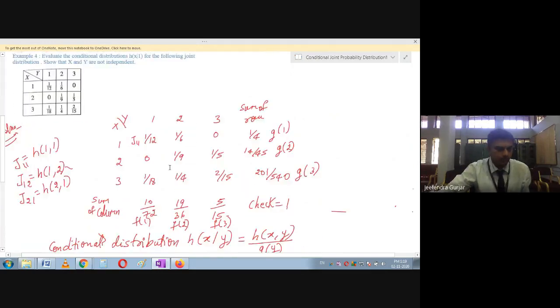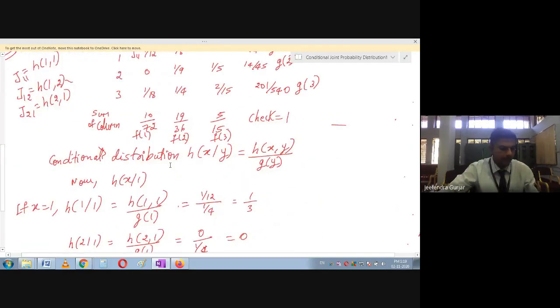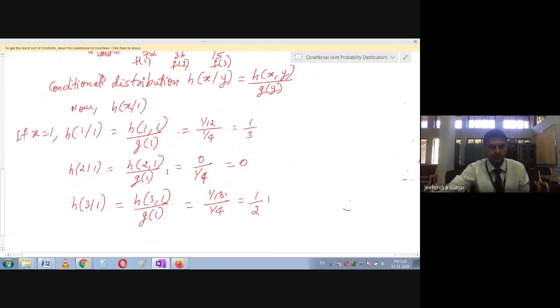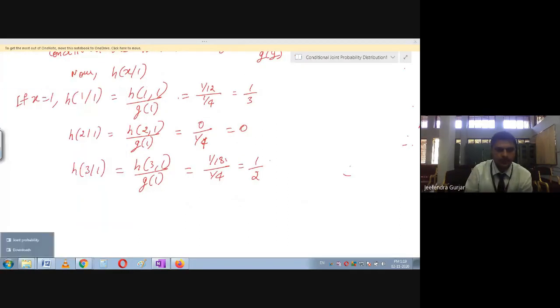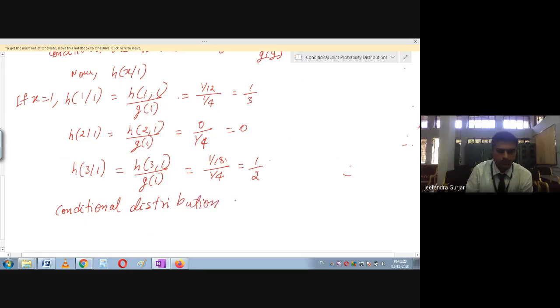So therefore, you can write here like this, that is the conditional distribution for h of x given 1.